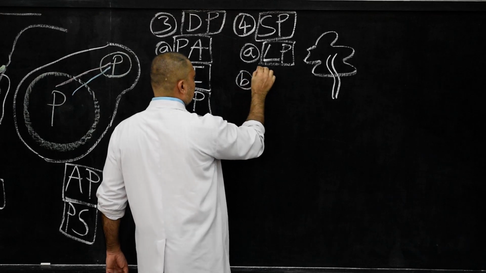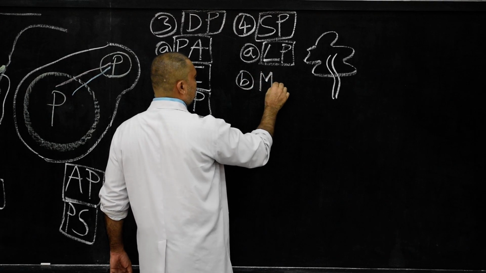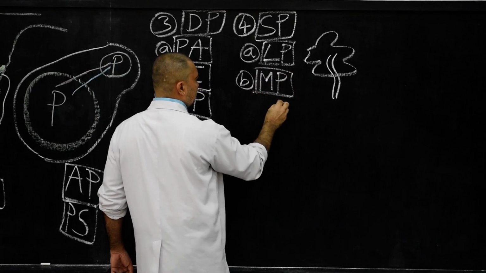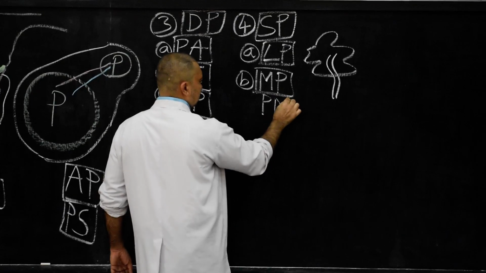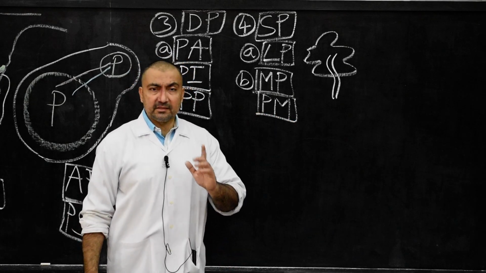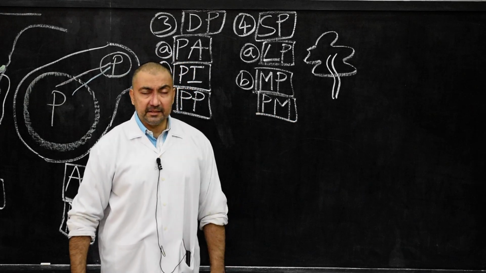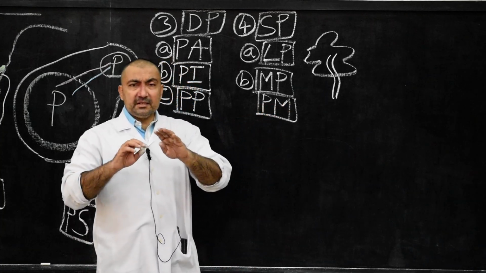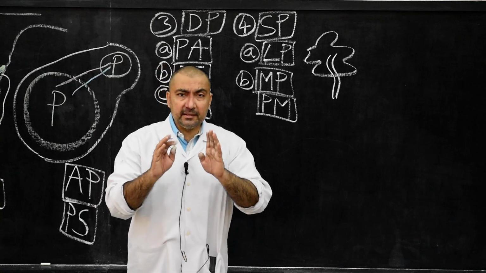Second type of placenta will be membrana placenta, or it is known as placenta membranacea. So what is placenta membranacea? Placenta is very thin and diffuse.